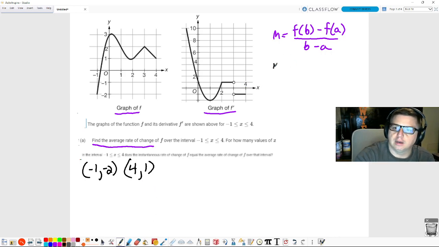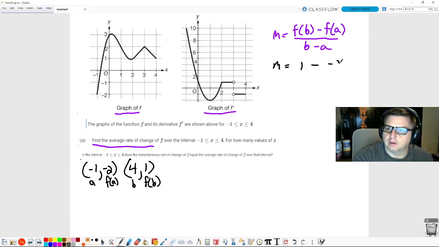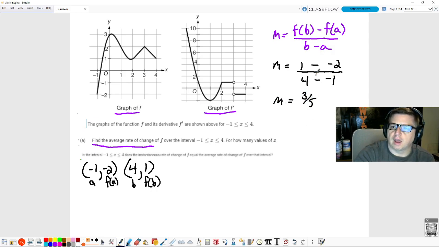So when we plug it in for our slope, if I consider this A, this would be f of A, and if this is B, this is going to be f of B. So I would have 1 take away -2, and I will have 4 take away -1. So then my slope becomes 3 over 5, because a negative negative makes a positive. 1 plus 2 is 3. 4 plus 1 is 5.